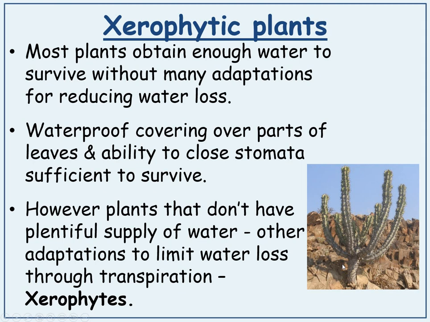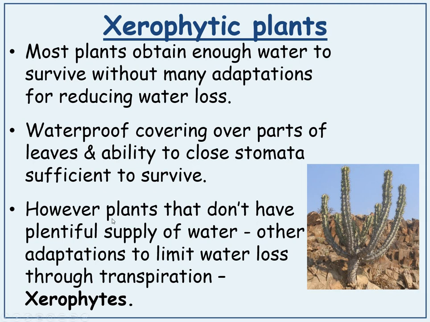So xerophytic plants: normal plants can obtain enough water to survive without many adaptations for reducing water loss, because they have a waterproof covering over parts of their leaves and they can close their stomata to be able to survive.